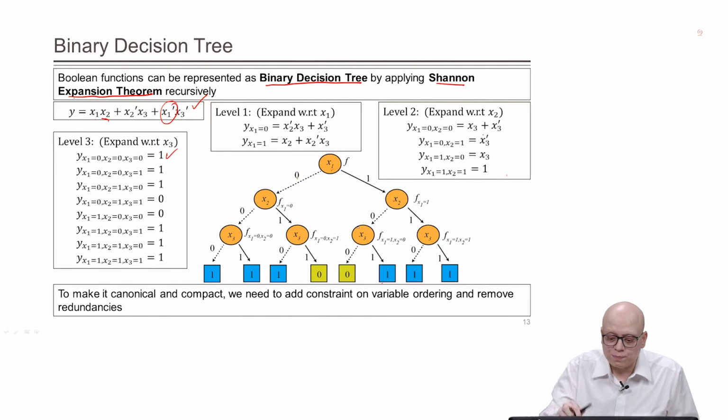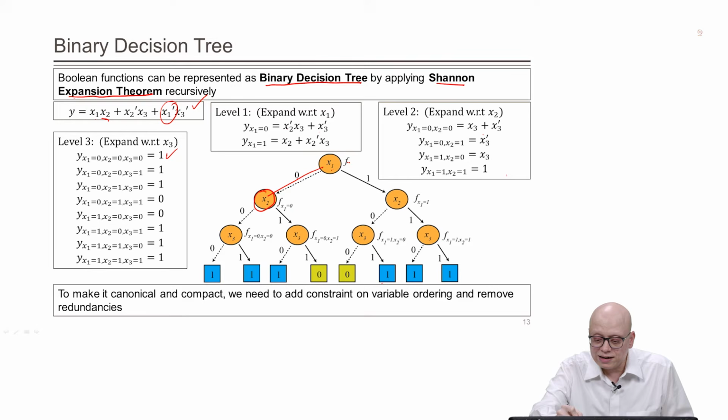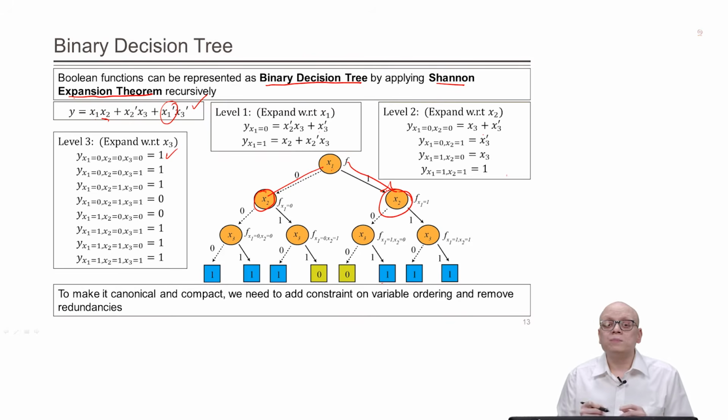For example, in this path, we choose x2 as the variable on which we are expanding, and in the other we take x3 as the variable on which we are expanding. If we allow the freedom to do that, then this Boolean decision tree representation is not even canonical. But the good thing is that we can make this representation compact as well as canonical, as we will just see.